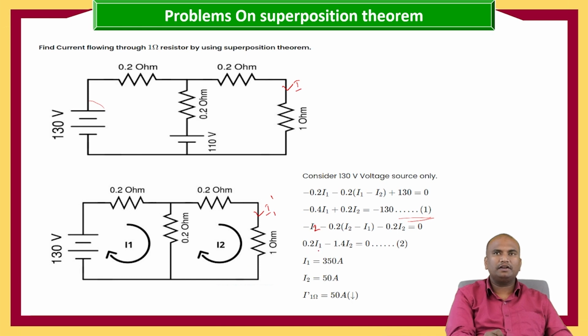From this we get 0.2 I1 minus 1.4 I2 equals 0, where I1 is 350 amperes and I2 is 50 amperes. And this is I1 dash, which is flowing in the downward direction, that value is 50 amperes.